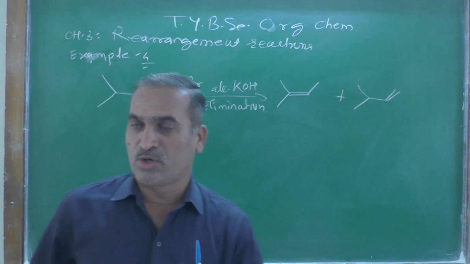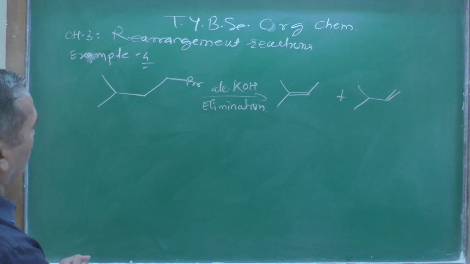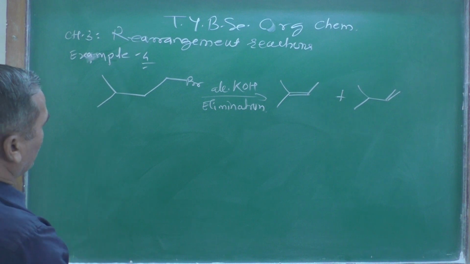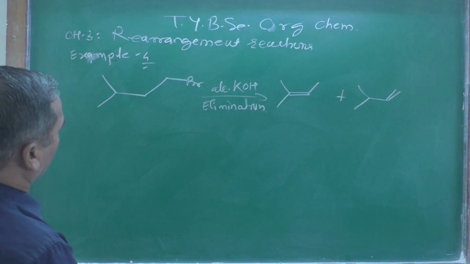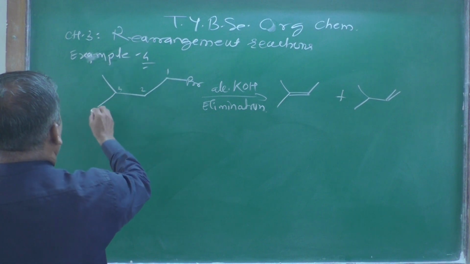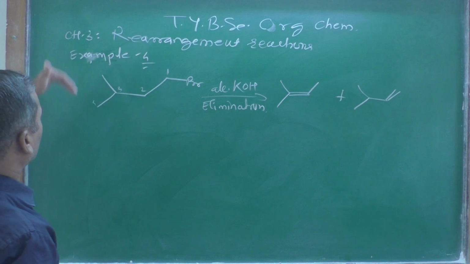If you see here, what would be the starting material of this compound? Can you tell me the IUPAC name of this starting compound? Look here, 1, 2, 3 and 4. You can go this way or you can go this way.